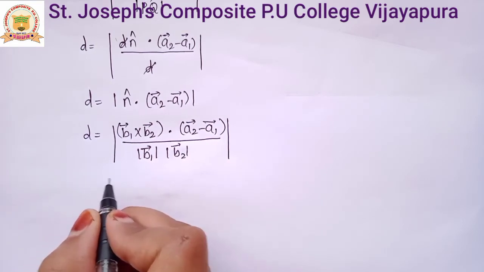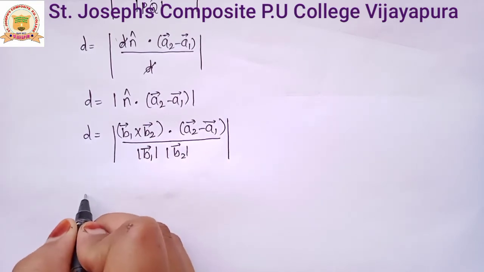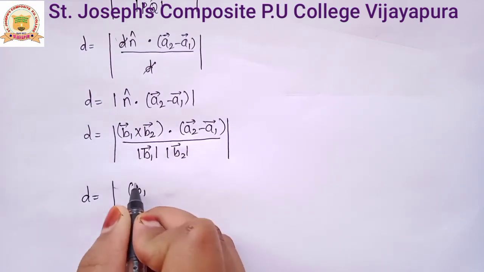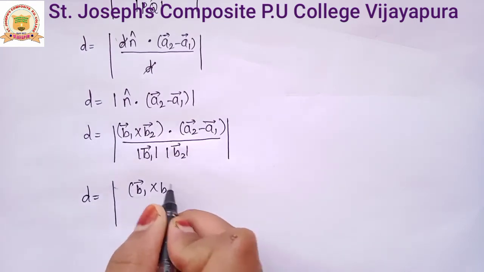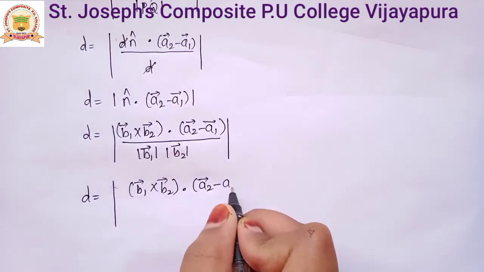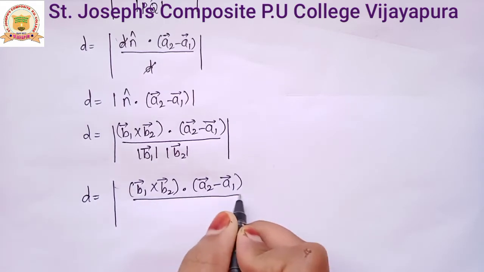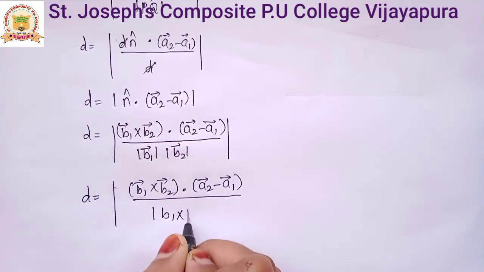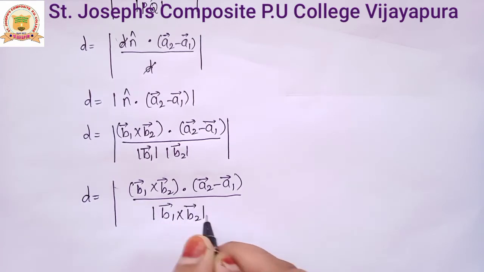In the simple way, we can write this as D is equal to mod of vector B1 cross vector B2 dot vector A2 minus vector A1, whole divided by mod of B1 cross B2. Both are the same.